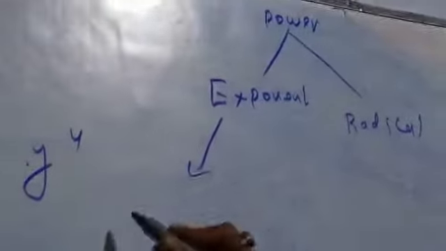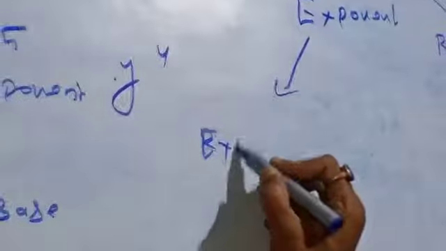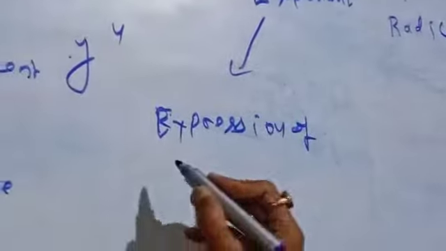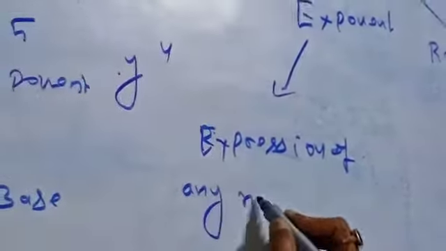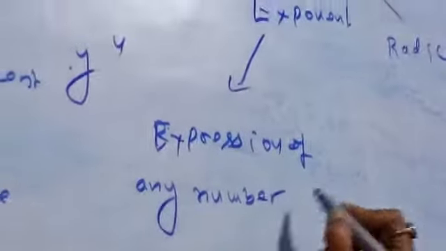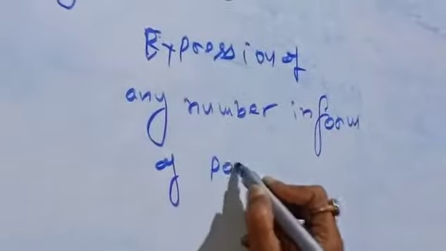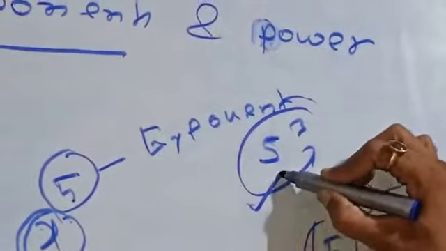Exponent means the expression of any number in the form of a power. Suppose it is 5 to the power 3, it is an expression in the form of a power. X to the power 5 and y to the power 4 are also in the form of a power, therefore it is an exponent.